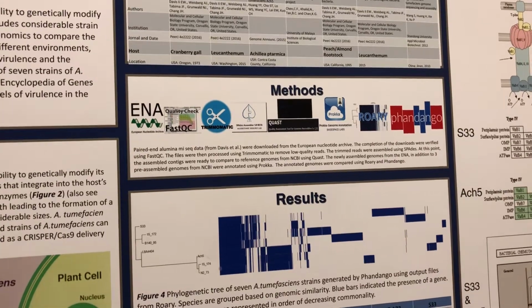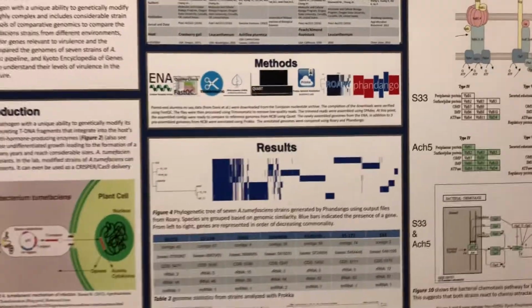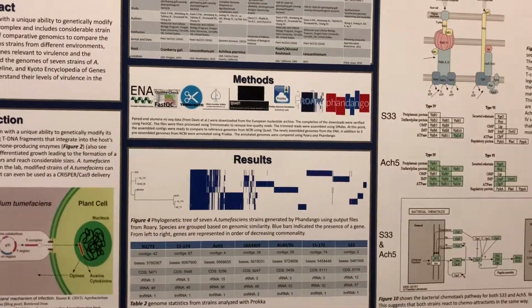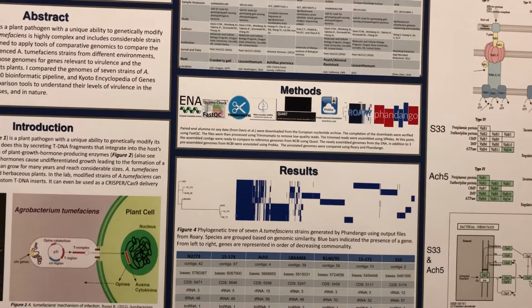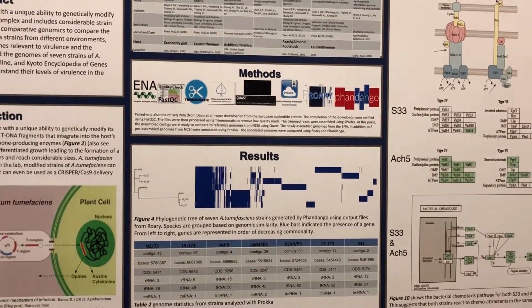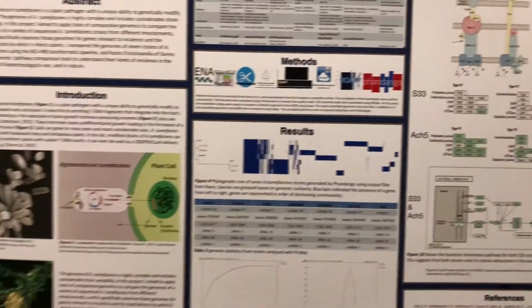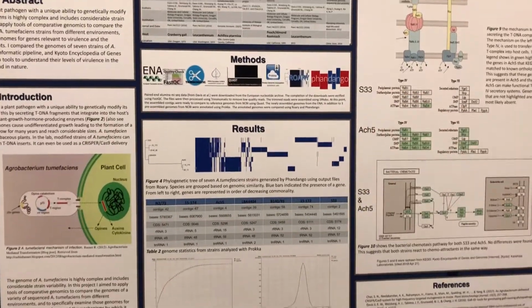And then I checked the quality of the assembly using QUAST by comparing the assembled genomes to reference genomes from NCBI. Then I annotated using Prokka to annotate the genes, matching them to ontology terms.